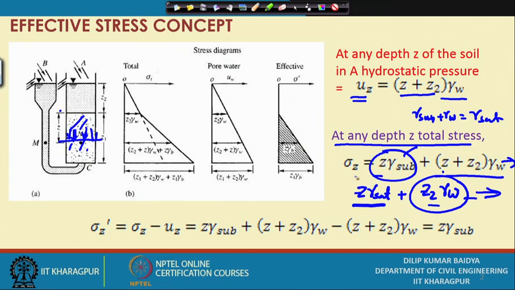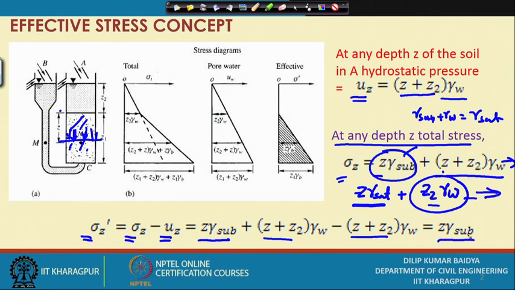Now, once you do this, this is total sigma at depth Z, and this is U at Z. Then effective stress by definition we know is sigma Z at any depth minus U Z. If I now put sigma Z as Z into gamma submerged plus Z 2 into gamma W, minus U Z, which is Z plus Z 2 into gamma W, you can see Z plus Z 2 gamma W here will get cancelled, ultimately leaving Z into gamma submerged.